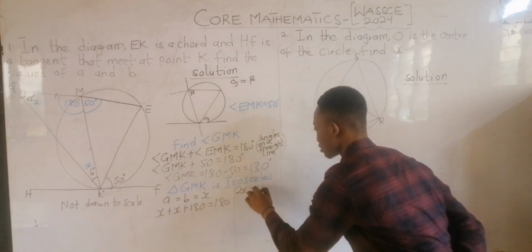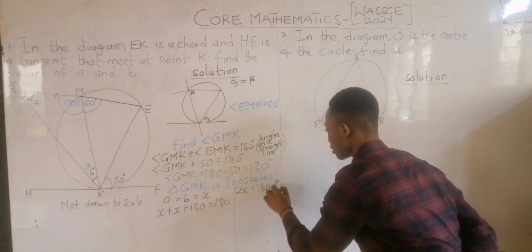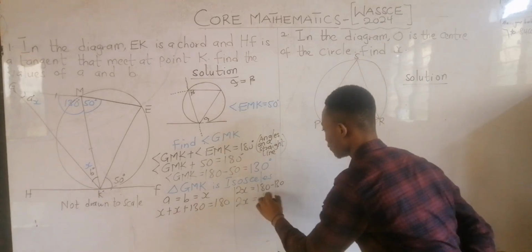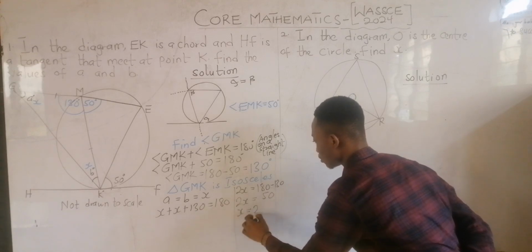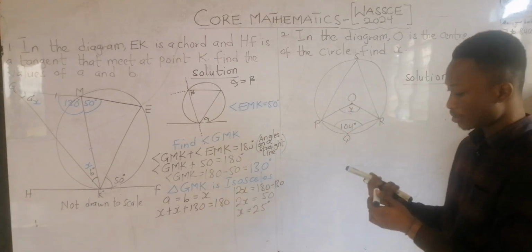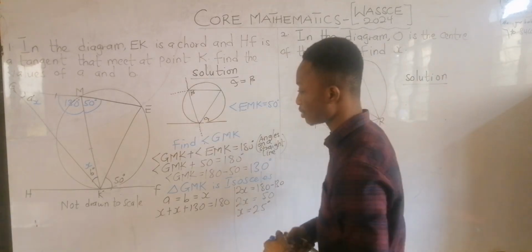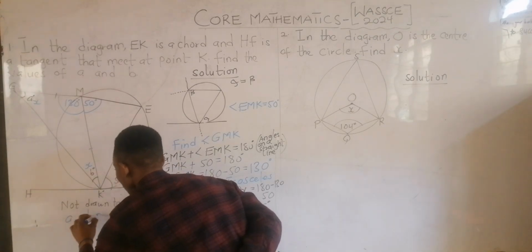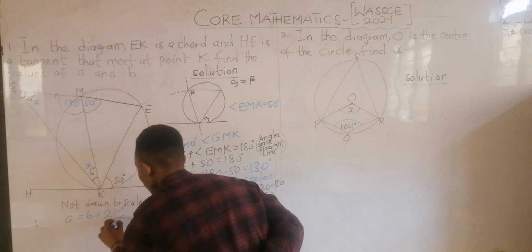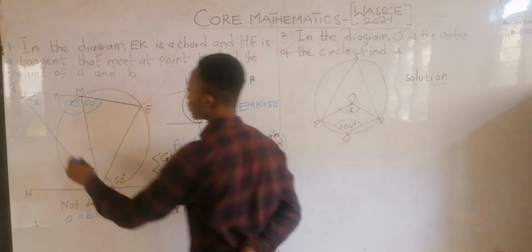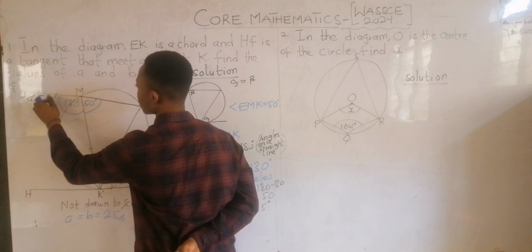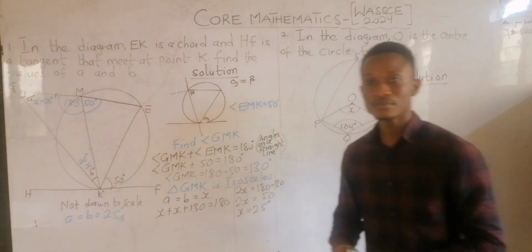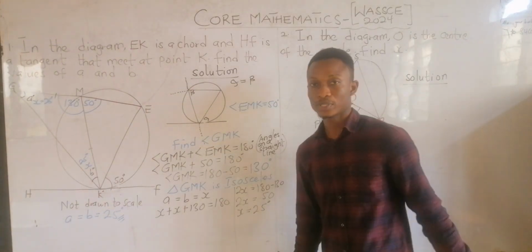This 130 crosses, so 180 minus 130, 2x will be equal to 50. So x is equal to 25 degrees. So this basically means that A is equal to B is equal to 25 degrees. Therefore, A is equal to 25 and B is also equal to 25. That is all. Very simple and easy.